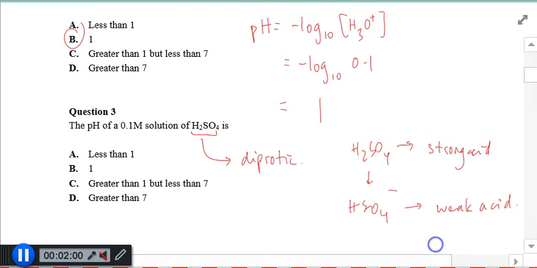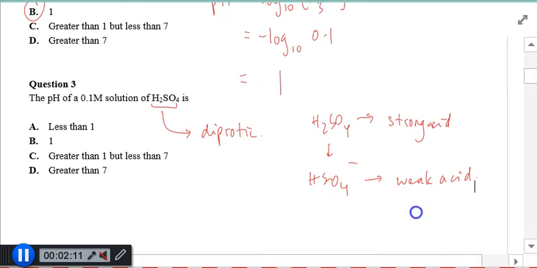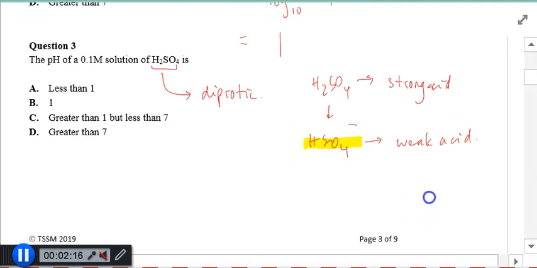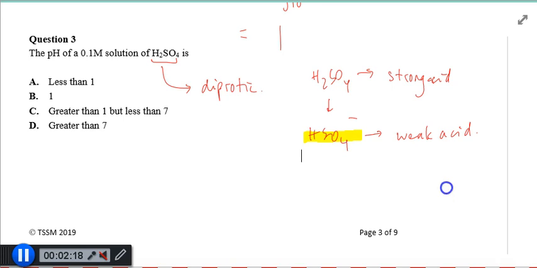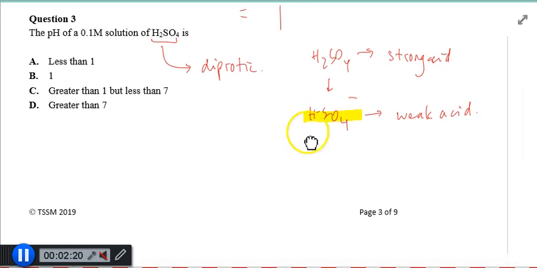So a couple of things we can figure out. If the first proton is given away completely, the pH would be 1 if only 1 proton was given. But since we know another proton will probably be given by at least some of the product, the conjugate base, which is also an acid, it's an amphiprotic substance.